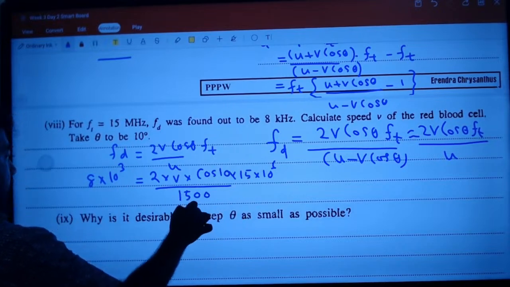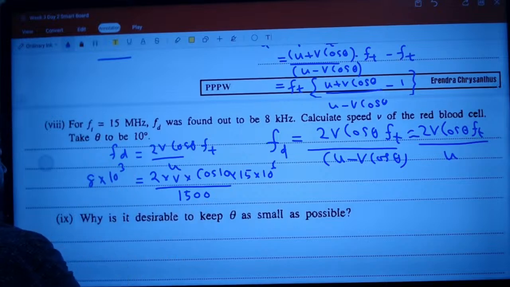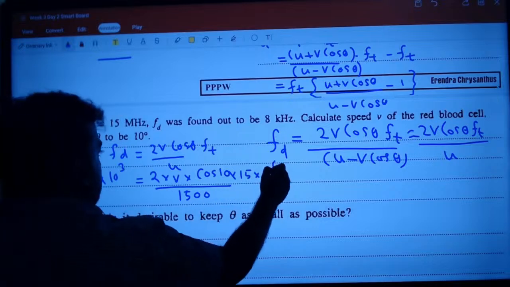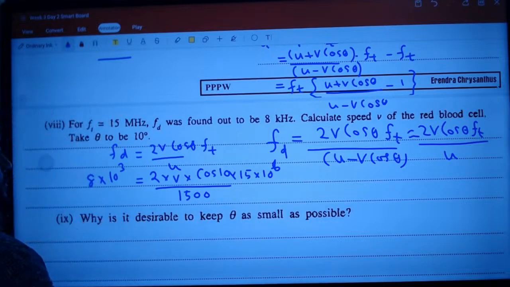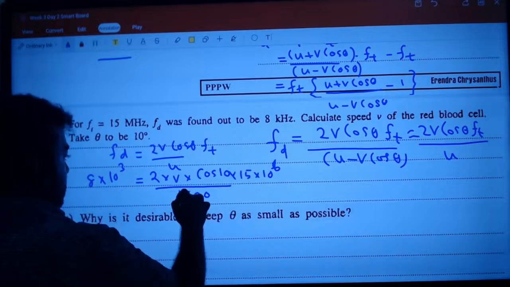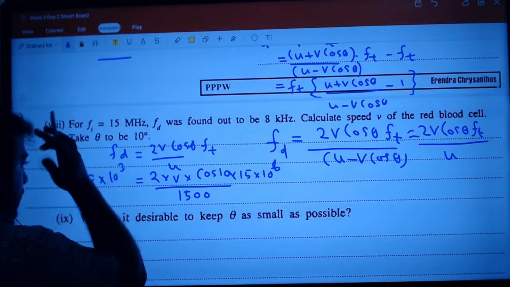15 times 100, 10 to the power 5. 8 times 10 to the power 5. Right, 15 times 100 goes there to 8 times 10 to the power 5.